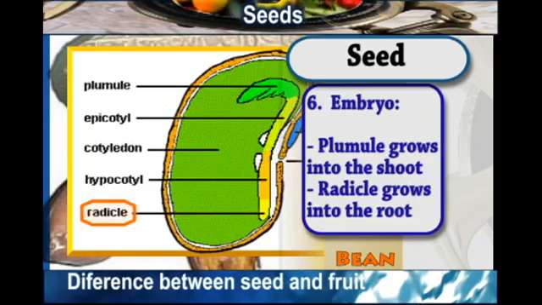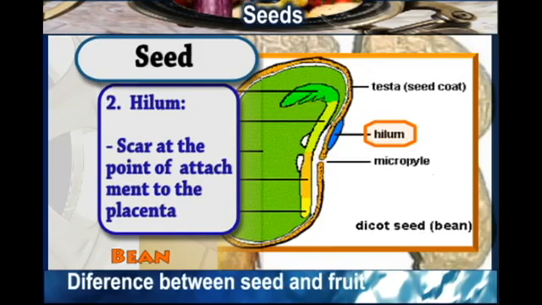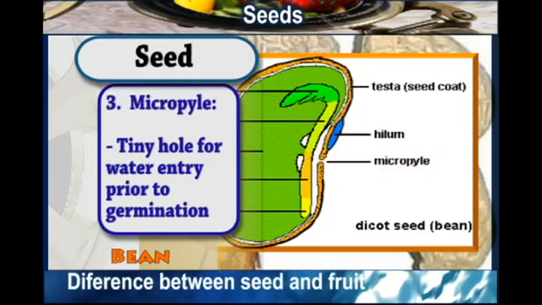We have seen that we have the tester, which protects the inner parts from mechanical injury. We have looked at the hilum, which is a scar that is left at the point of attachment to the placenta. We have looked at the micropyle, which are tiny holes which help in the entry of water prior to germination.